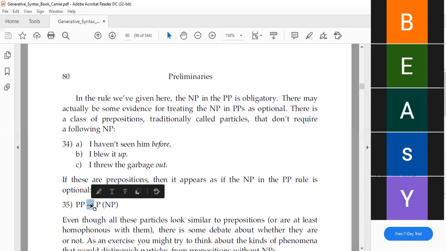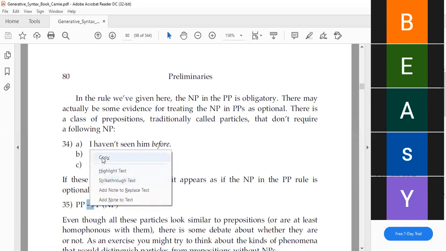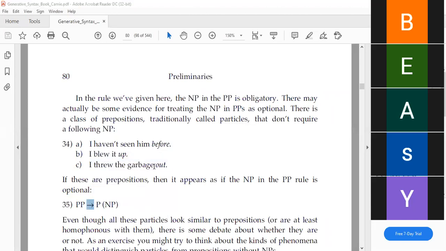We have an adjective phrase, and from this adjective phrase it branches a noun, then an adjective. In this case, in the adjective phrase in Arabic, what do we have?